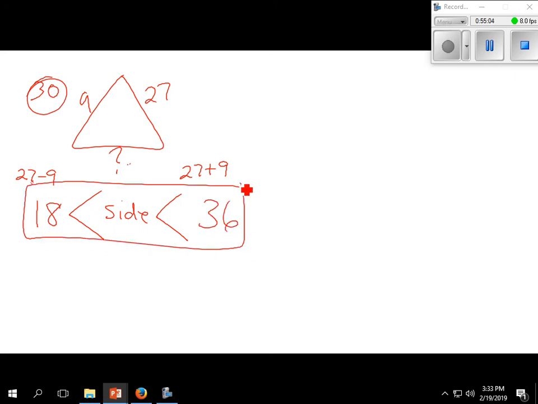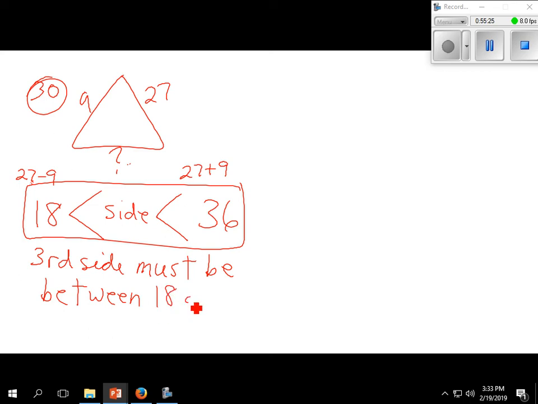So our description of that third side, if you wanted to explain it out more, the third side must be between, it can't be 18 and it can't be 36, it's got to be between those two numbers, so 18 and 36.